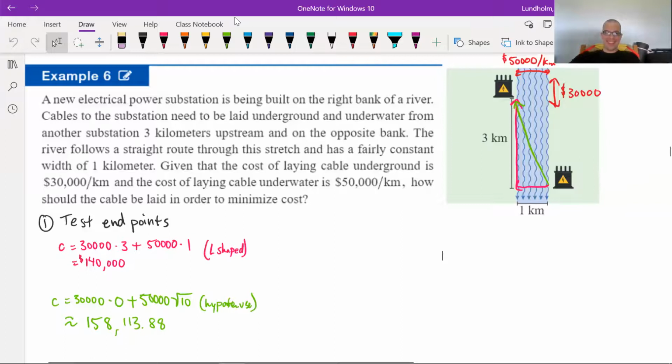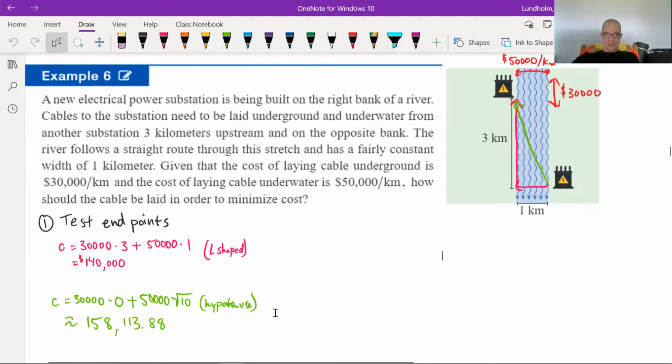Okay. All right, so we've tested the endpoints. The longest trip that we could take would be 4 kilometers long in this L shape. And that gives us 140,000.